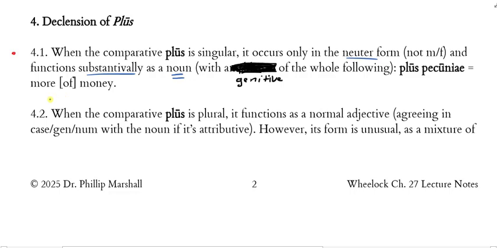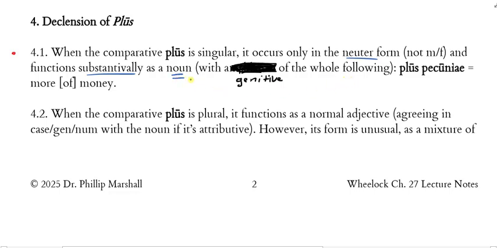Now, the last thing I want to say here is something about the declension of plus, more. When the comparative plus is singular, it occurs only in the neuter form. So in the singular, you won't see masculine, feminine forms, just neuter. And when it's neuter and singular, it only functions substantively. That is, it functions as a noun.